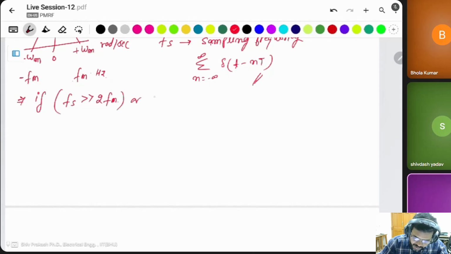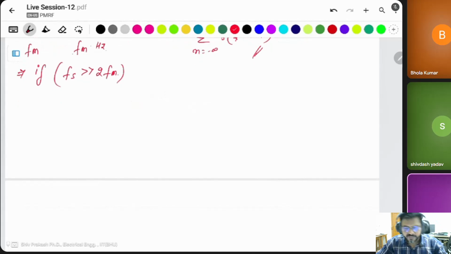Or you can say Fs minus Fm is greater than Fm. No need of this one, I will explain later. Therefore, the sampling frequency is more than twice the modulating signal.